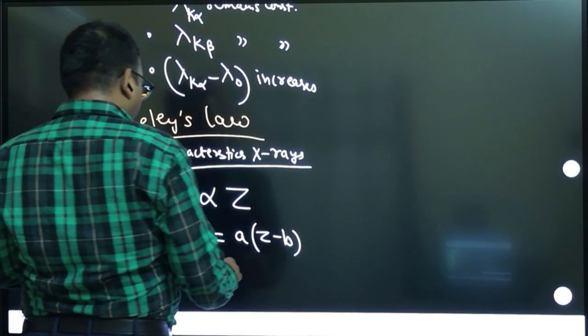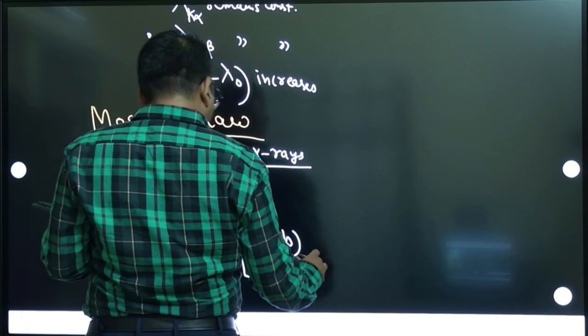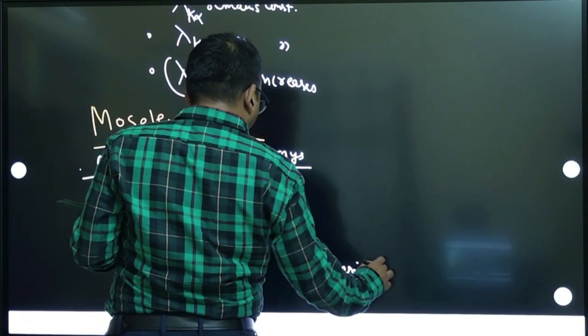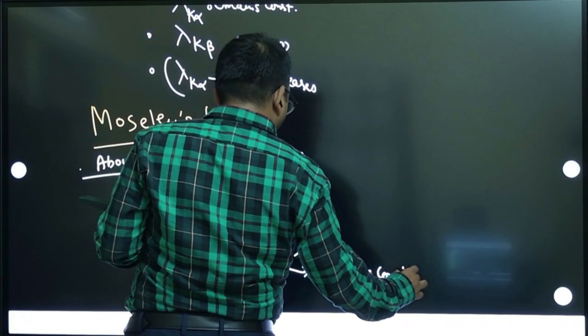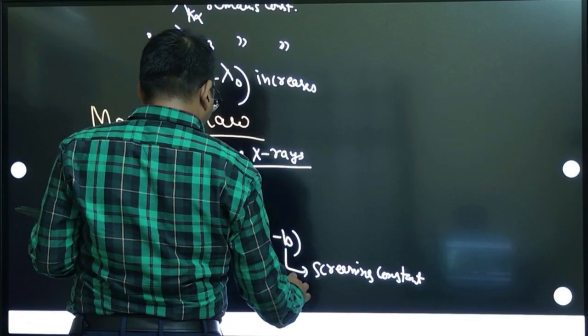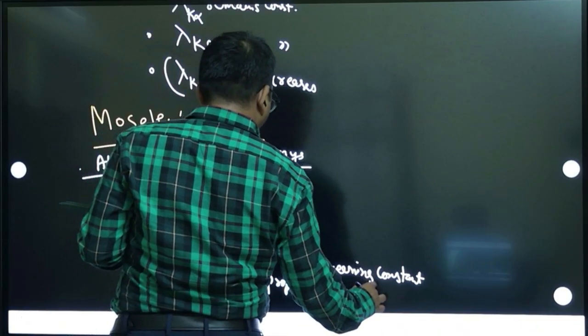Here a and b have special names, right? b is called screening constant, and a is proportionality constant.